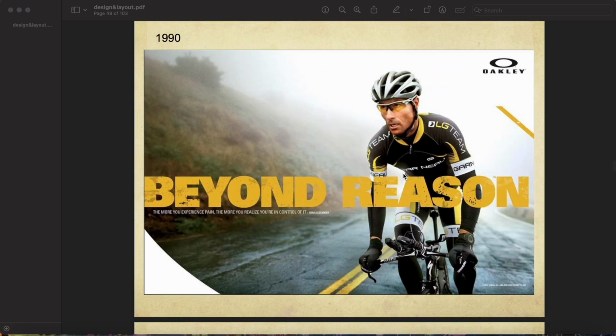Okay. So one thing that I did want to make note of when you're looking at the history of advertisement is how, when we start advancing with technology, our graphic designs advance as well. In the beginning, it was very text-based, then it had some images, and then once we started working on the computer, you can really see that shift in aesthetics.